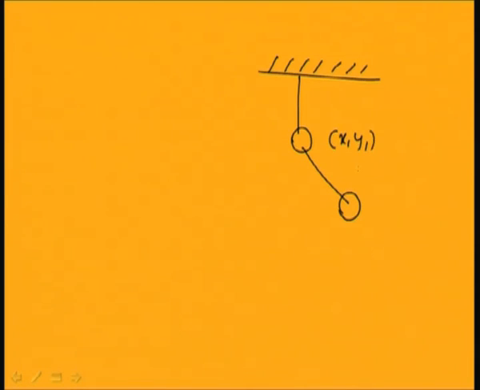You have already seen this in the case of a double pendulum, which I have already described. In the double pendulum, you used x1, y1, x2, y2 as the physical coordinates, and theta 1, the rotation of the first link, and theta 2, the rotation of the second link, as the generalized coordinates.